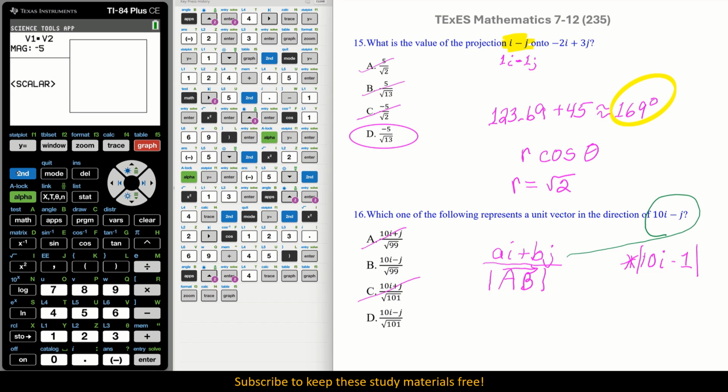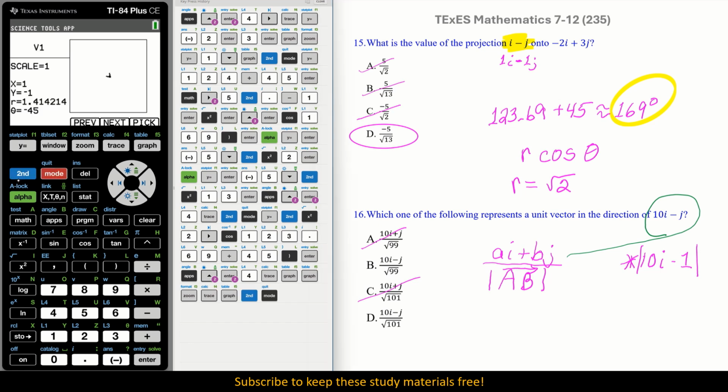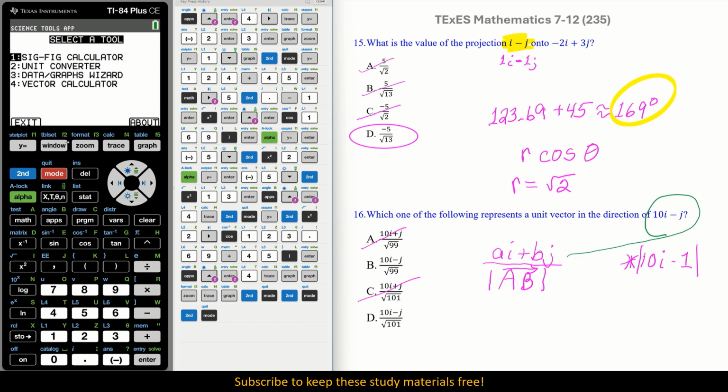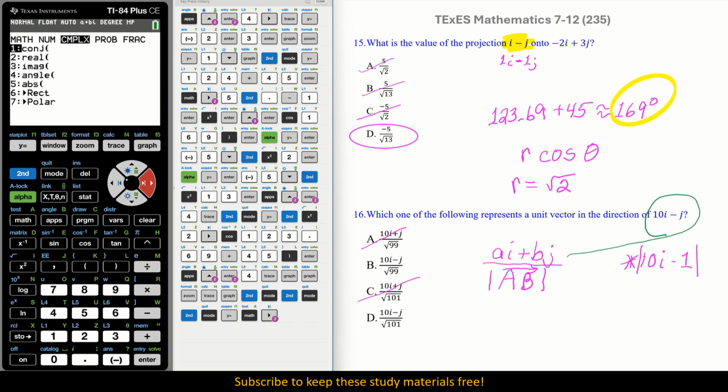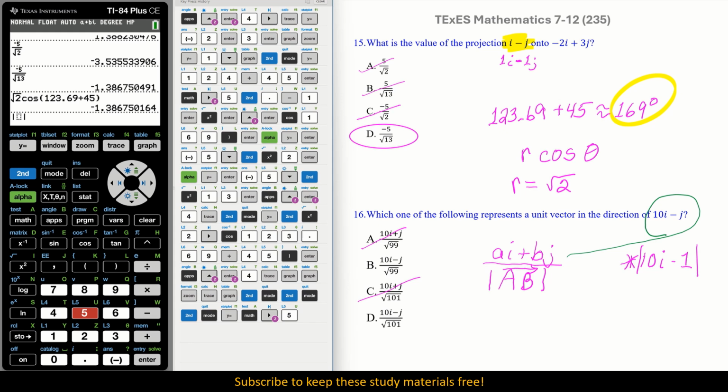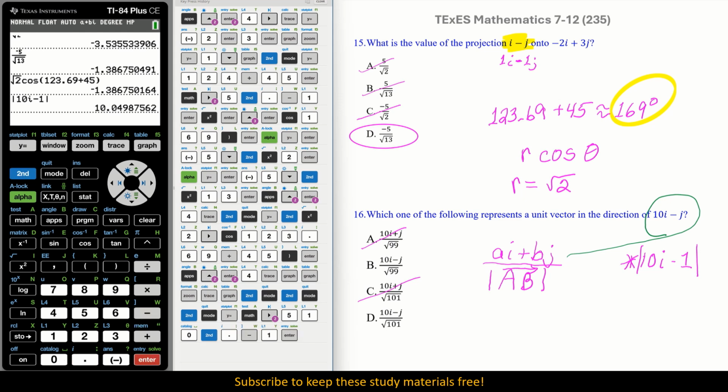Let's back out of this. Back out, back out. I just keep saying second mode until I get to my exit. Let's find our math and arrow over to our complex, and we need number 5. And there it is. Now I have 10 second i minus 1. Minus the 1. Press enter.